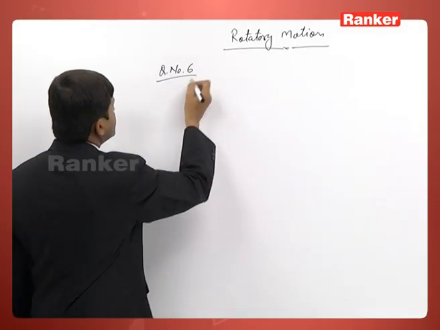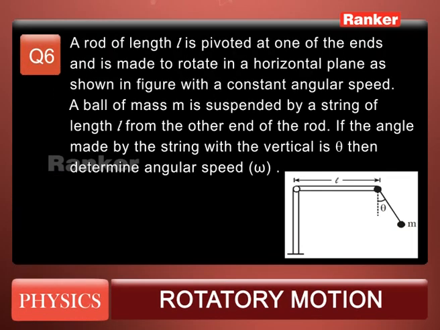Question number 6. The question is given as: a rod of length L is pivoted at one end and is made to rotate in a horizontal plane as shown in the figure with a constant angular speed. A ball of mass M is suspended by a string of length L from the other end of the rod.